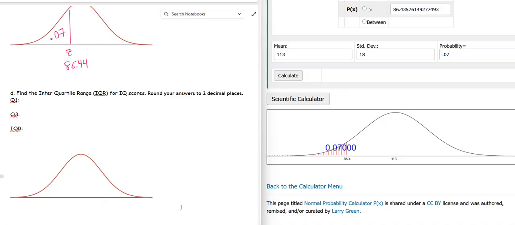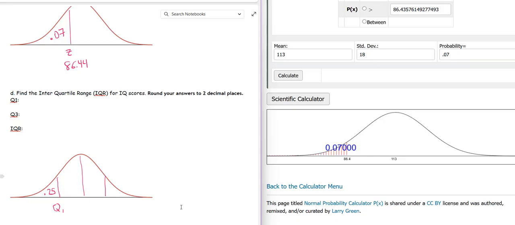Okay, now let's look at part D, Q1, Q3, and the interquartile range. So if we break this curve up into 4 segments, Q1, Q2, and Q3 separate the areas into 4 equal parts. So what I mean is that if this is Q1, the area here is 0.25.